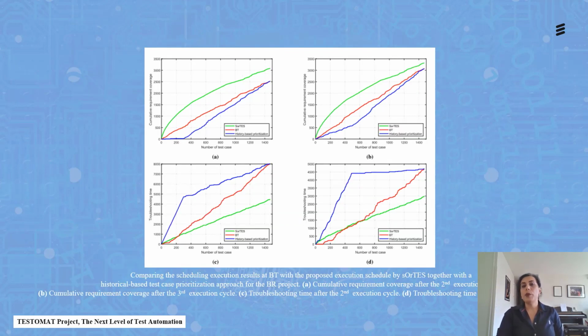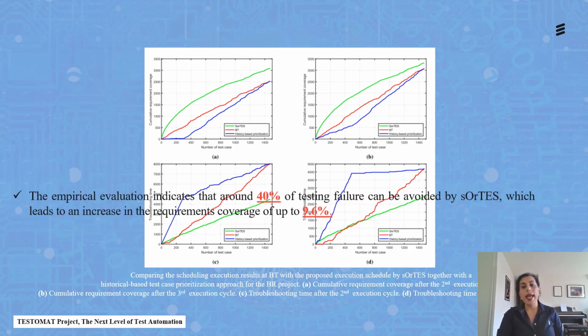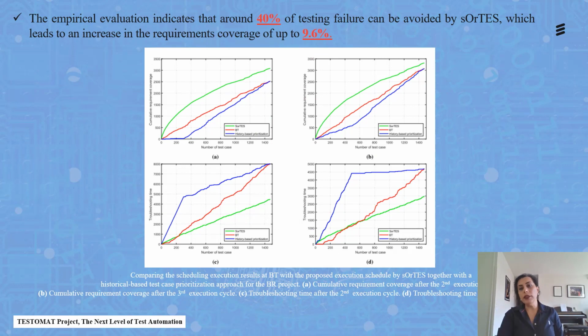We also compare the performance of SORTES against another state-of-the-art approach, which is called historical based execution. The red lines here mean that the failed test case should be executed first. So we compare the performance of SORTES against Bombardier and historical based execution, and if I summarize the results, around 40% of test failures can be avoided by using SORTES, just because no test case will fail based on dependency.